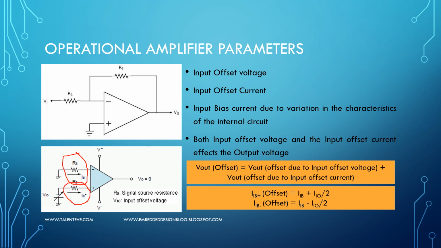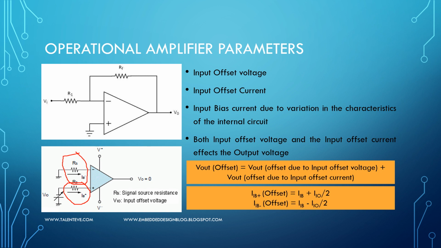So this offset current mainly affects the output voltage. The offset voltage and the offset current affect the output voltage, and hence we see that there is an offset on the output voltage as well. The output offset voltage basically gets amplified because of this gain.